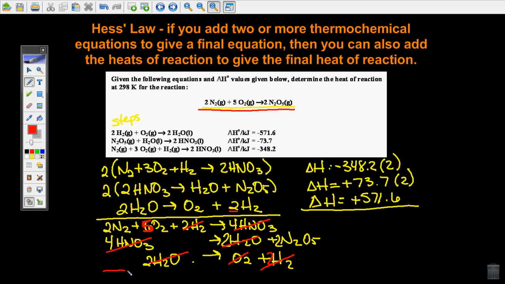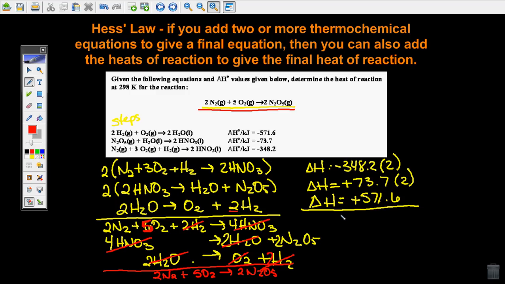So if I rewrite this equation now, I hope y'all, this isn't going off screen. 2N2 plus 5O2 gives me 2N2O5, which is exactly what I have up here, so that works out perfectly. So now I just add all this up, which I didn't do beforehand, which I should have.